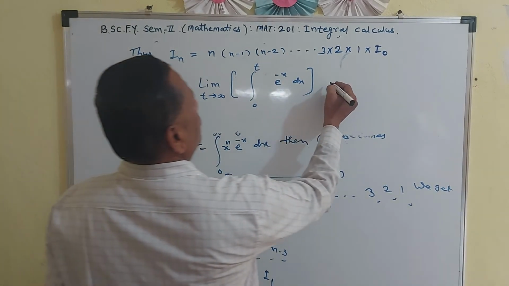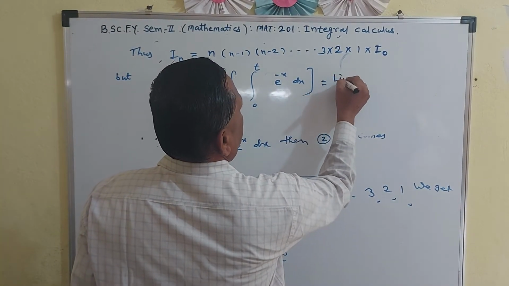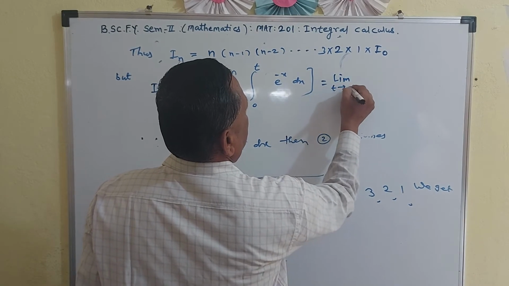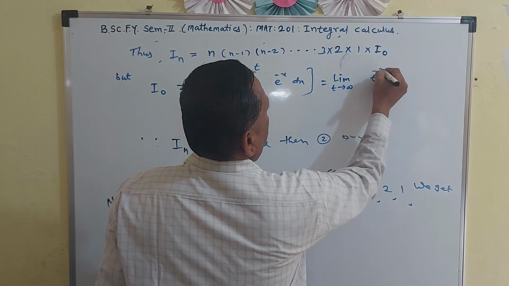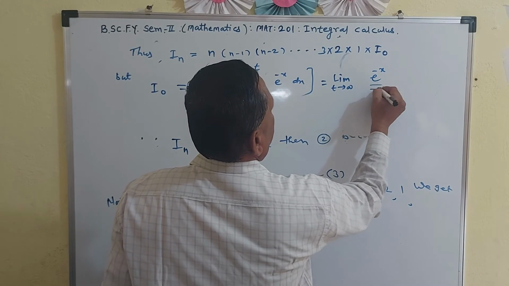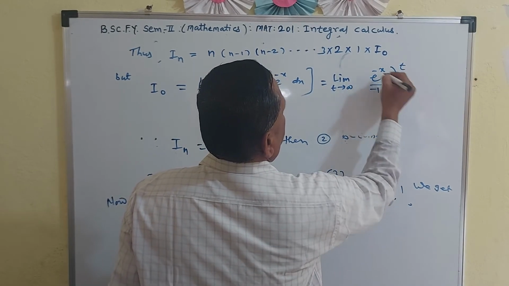But what is the integration of e raised to minus x? e raised to minus x upon minus 1, upper limit is t, lower limit is 0.